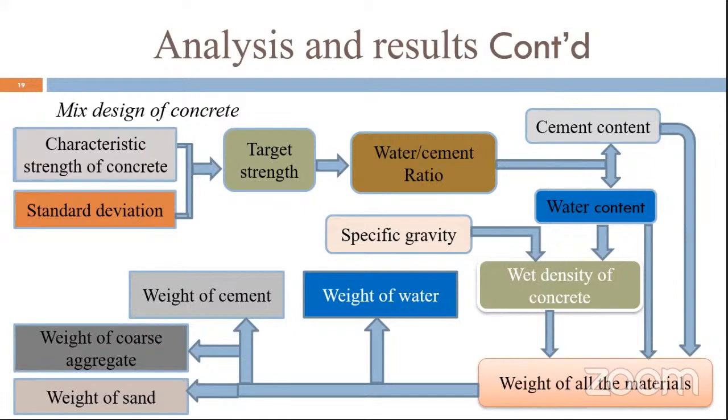In our stage 3, from the information we already have of the water content and its specific gravity, we were able to determine the wet density from the figure of relative density of combined aggregate to water content, and thus we found a wet density of 2,200 kilograms per cubic meter.